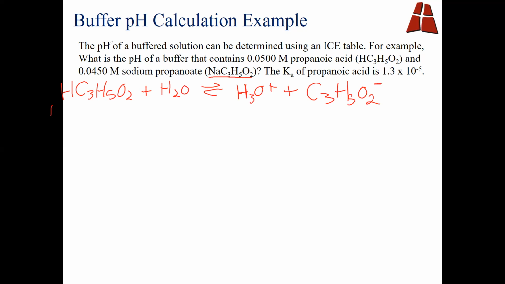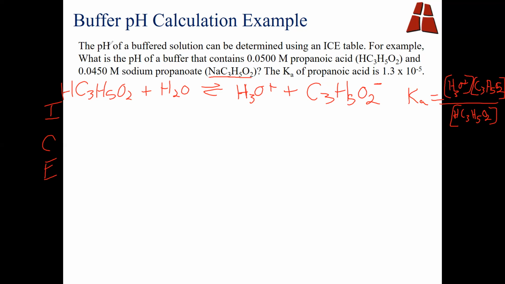And so if we build our ice chart, and actually before I fill that in, let's write our Ka expression. Ka is equal to, as always, products over reactants, so H3O plus times C3H5O2 minus, sorry, running out of room there, over our weak acid HC3H5O2, right? So we build our ice chart then.